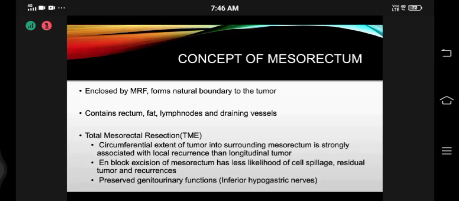So if the MRI says the mesorectal fascia is involved, then the local recurrence rates are higher. If the tumor is free of the circumferential margin, then the recurrence is lower. Complete excision of the mesorectum has less likelihood of cell spillage and residual tumor recurrence, and it also preserves genitourinary function.